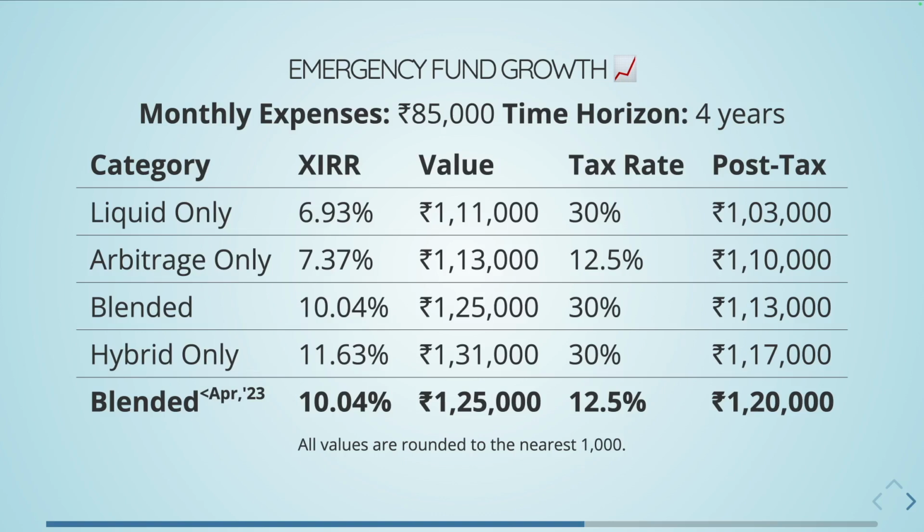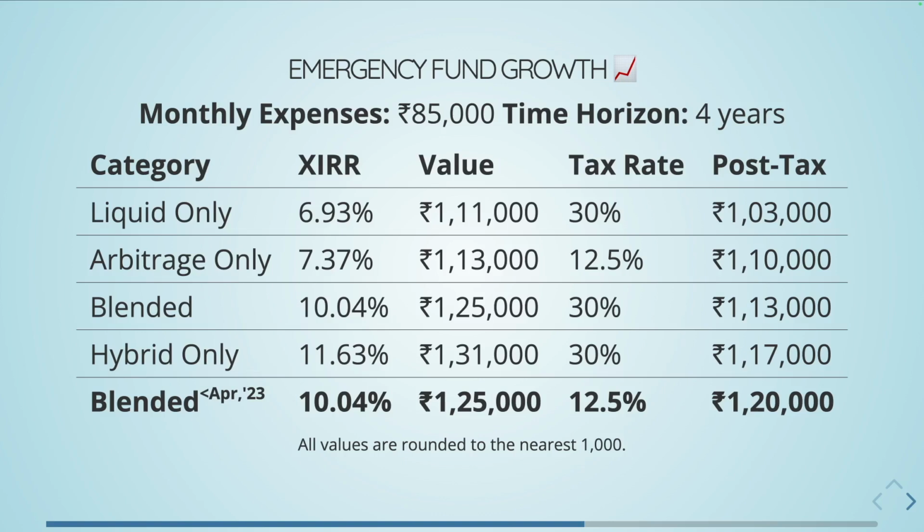But post-tax, because this is all debt fund taxed at the tax slab rate, the post-tax returns are not that great. If I had gone full into the higher end of the hybrid, where it had a much larger yield, it would have grown even larger, right?